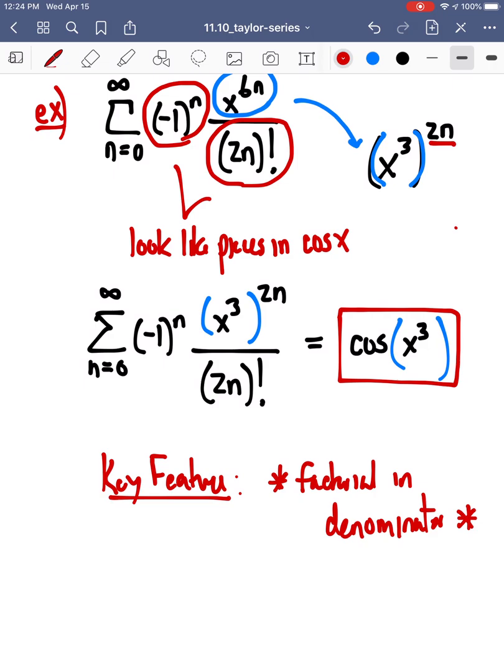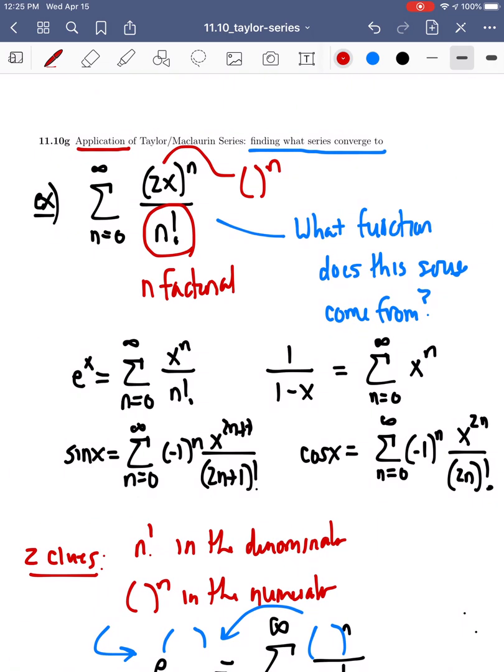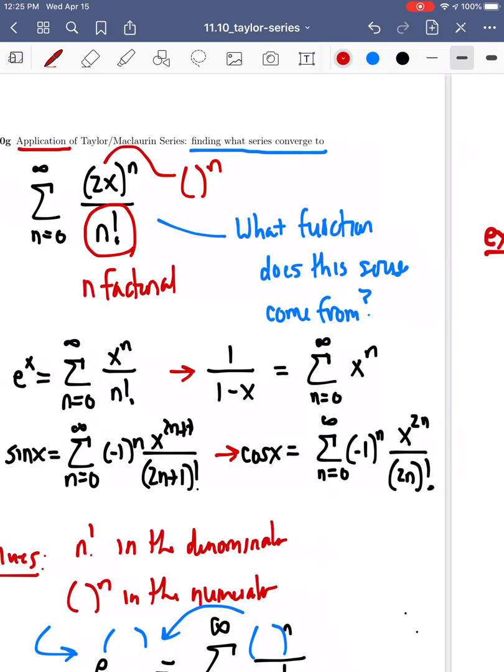Because if we go back to the Taylor series we know, for things like the exponential, sine, 1 over 1 minus x, or cosine, each of those has different factorials. In fact, the 1 over 1 minus x doesn't even have a factorial it's getting divided by. So the fact that there is a specific factorial, or that there is not one, could be a big indicator of what function that series may be coming from.